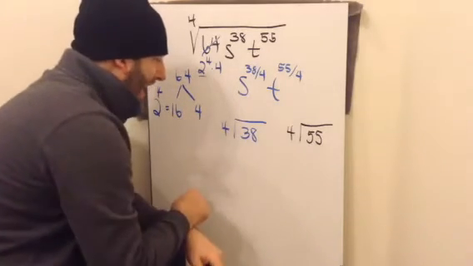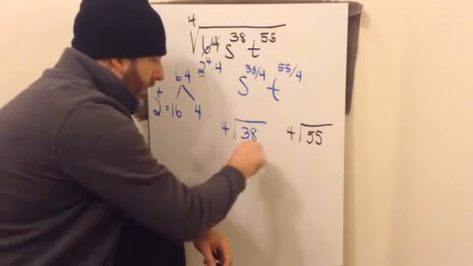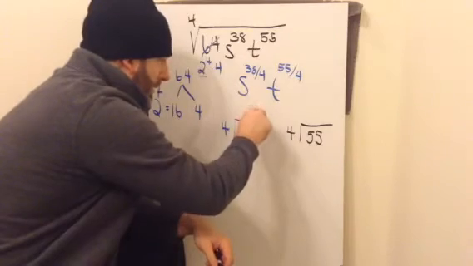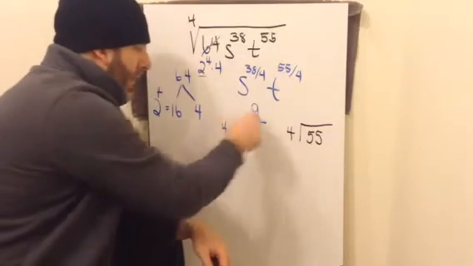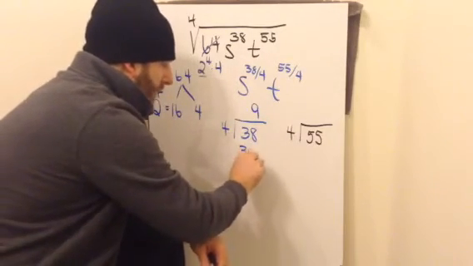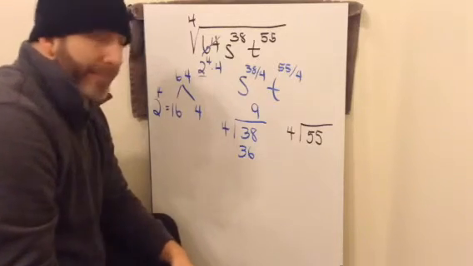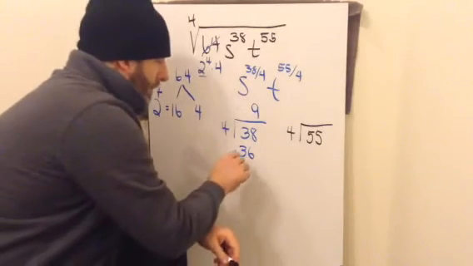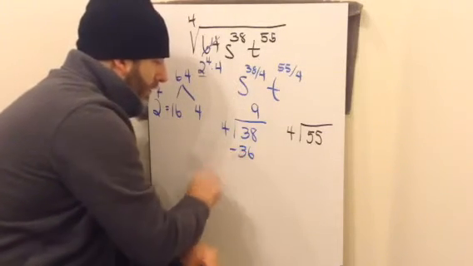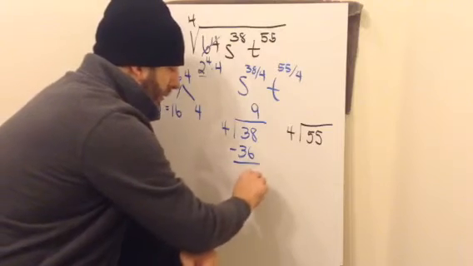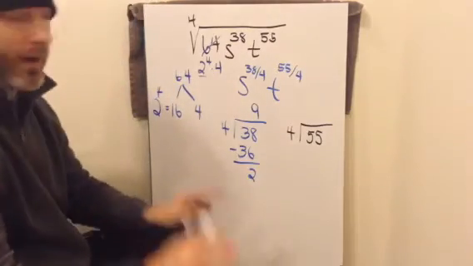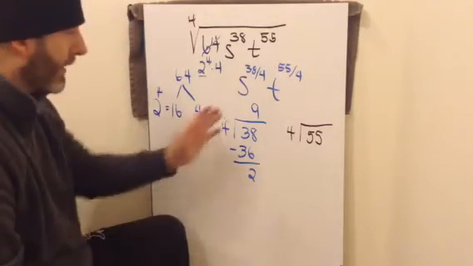4 goes into 38. Well, 4 doesn't go into 3, so 4 goes into 38 nine times. 9 times 4 is 36. We have to remember that at this stage in the long division algorithm, which maybe you haven't done in a while, we subtract. 38 minus 36 is 2. That's as far as I need you to go; I need you to get to the first remainder. I don't need you to put a decimal place.